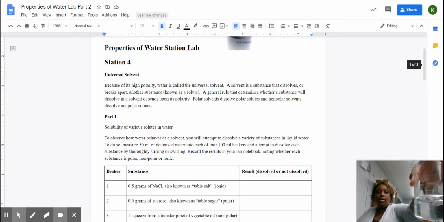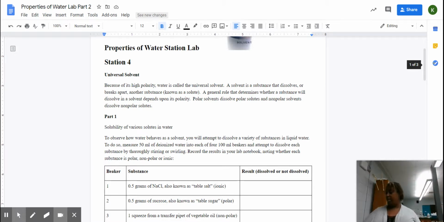And now look, we don't see the sugar anymore. So that means that it has what? Dissolved. All right, so that was our beaker 2. So I'm going to rinse this off.